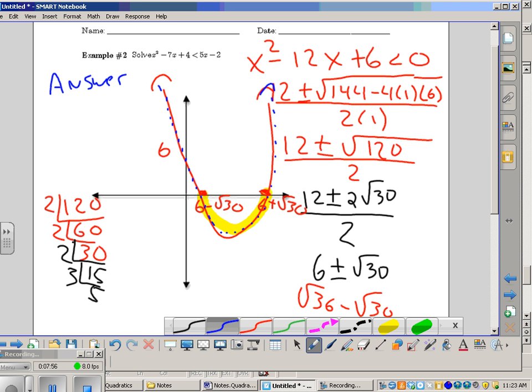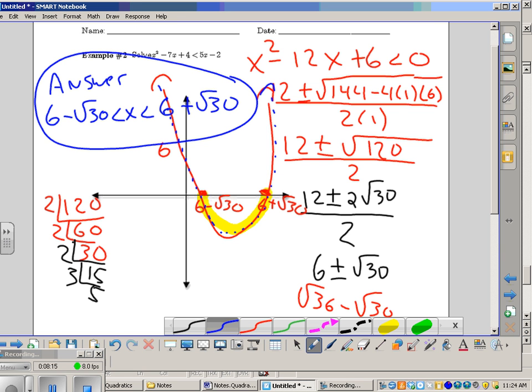So we have a dotted line, we have the two roots, and the answer is 6 minus root 30 is less than x is less than 6 plus root 30. Estimating those radicals is a good skill to know how to do.